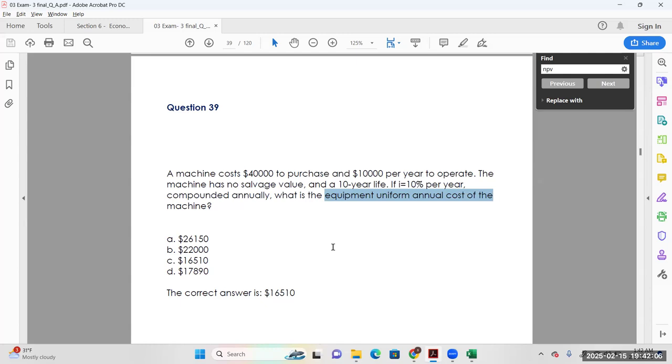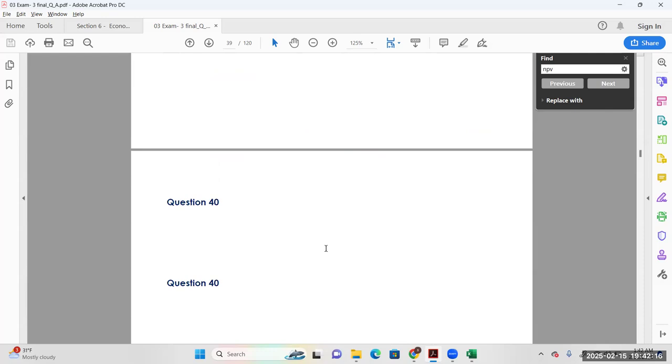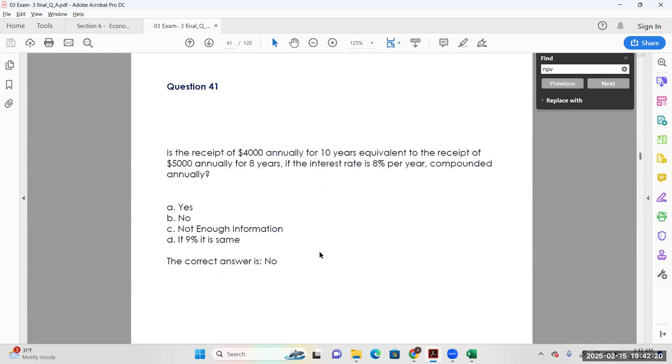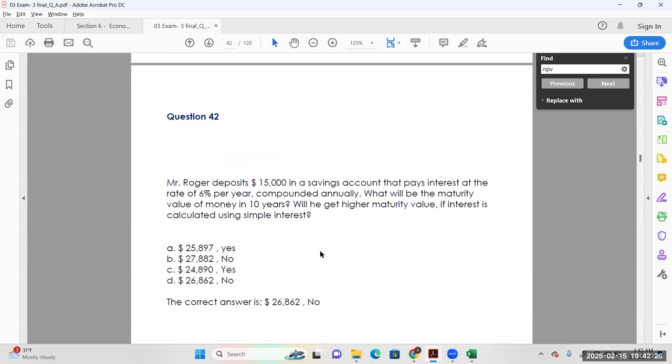You know how to solve the NPV, and the P by A formula is already given. So we only need to divide it. That's all. Okay, because I can find the NPV by calculator, I will only memorize this formula and apply there.